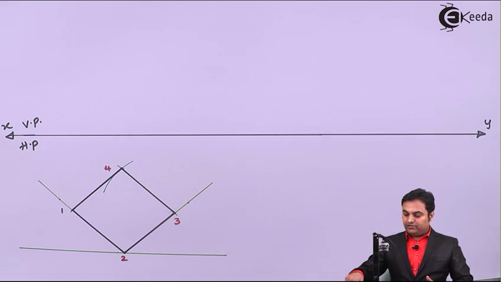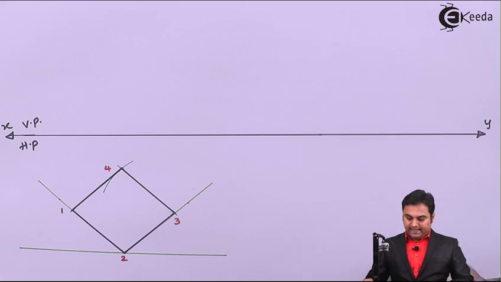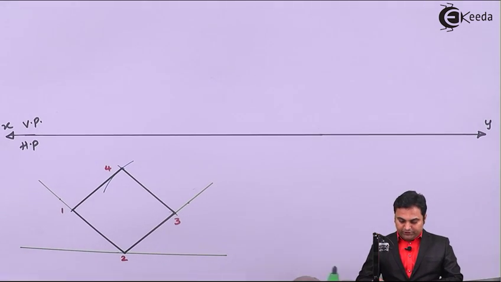Next, I'll draw the front view for this, and in the front view it will appear as a rectangle. So projecting those points first.